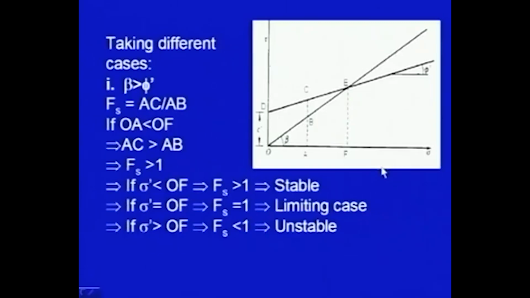So, it will be unstable. So, for certain region, when the normal stress is up to this value, the shear strength is more, whereas in this region beyond E, shear stress is more. So, it will be unstable.